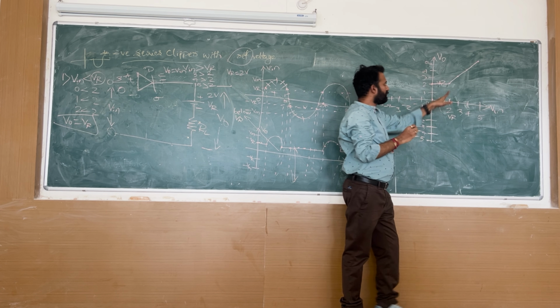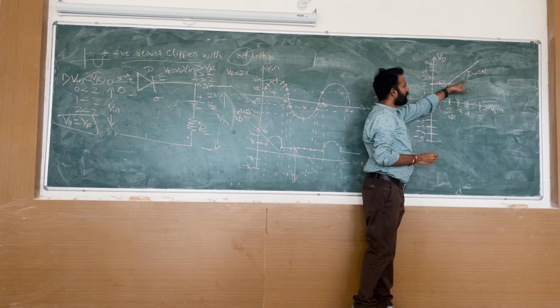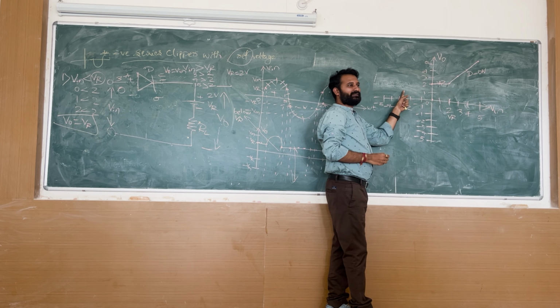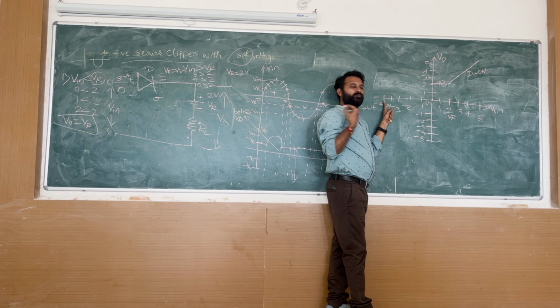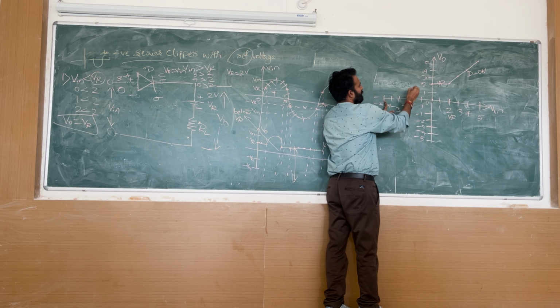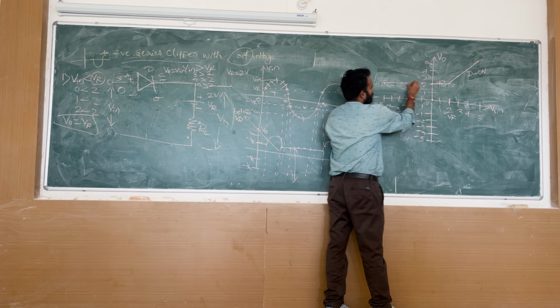Here you write down V out. Now if your input is less than VR, meaning minus 1, minus 2, minus 3, what is that? VR only. Minus 1, VR; minus 2, VR; minus 3, VR; minus 4, VR; minus 5, VR. Join this line.